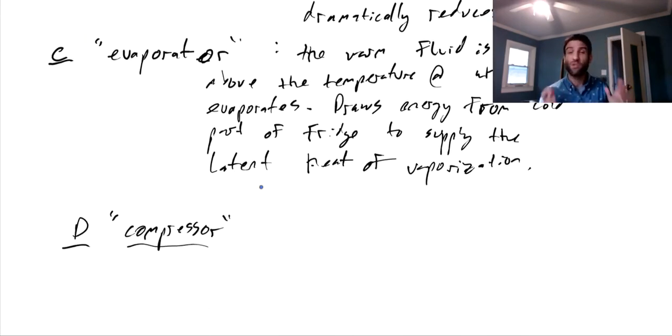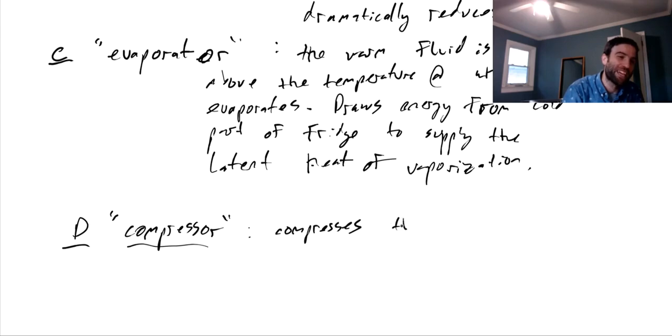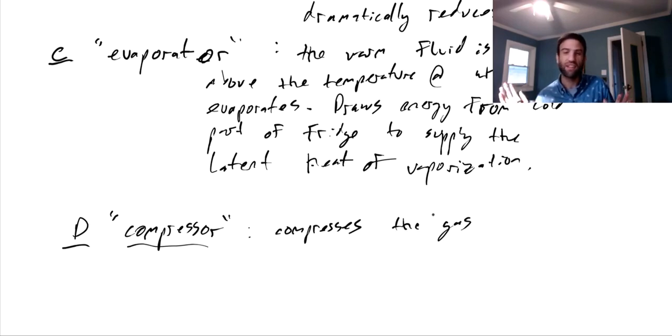This is the stage where we put work into the cycle, right? So true to its name, a compressor compresses the gas, and it does so very quickly, so that the work that we do to compress the gas goes into the internal kinetic energy of the gas in this refrigerant fluid system, right? So typically we feed in electrical energy into the compressor.